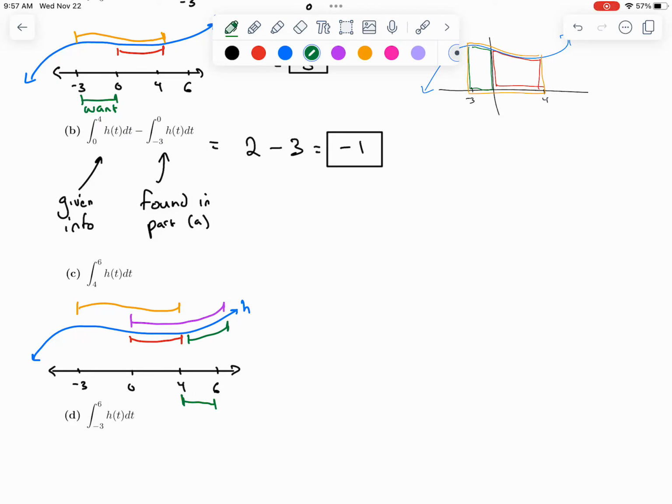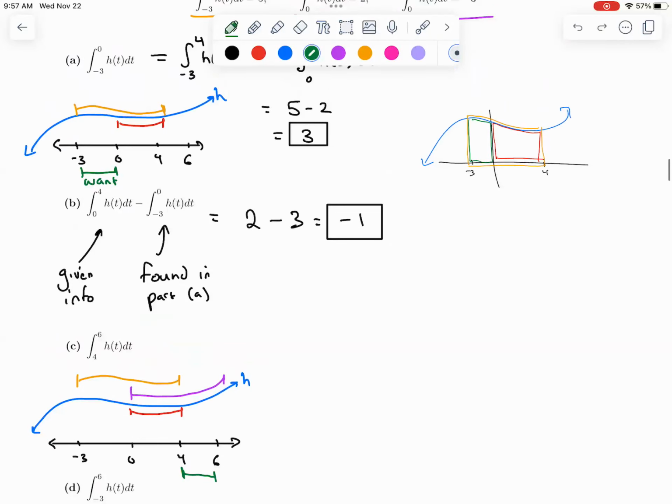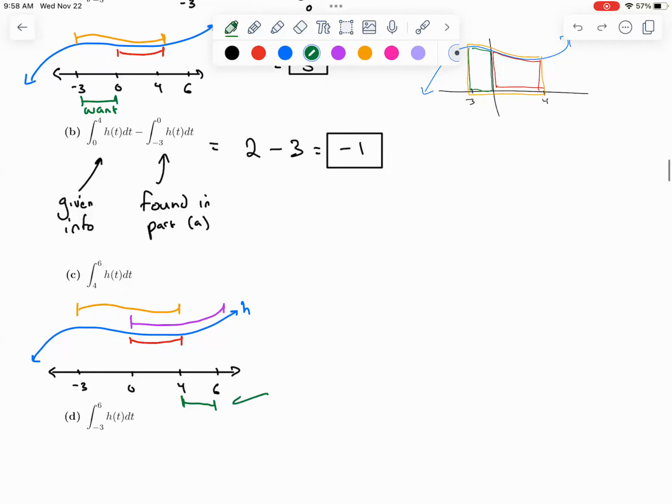So green is equal to purple minus red. Does that make sense? So it's going to be purple minus red. So this is equal to the integral from 0 to 6 of h of t dt minus the integral from 0 to 4 of h of t dt.